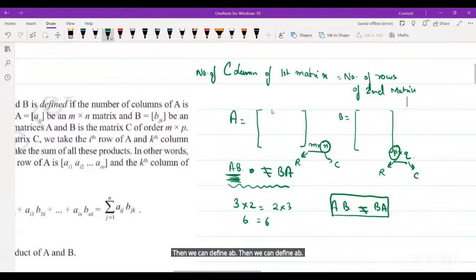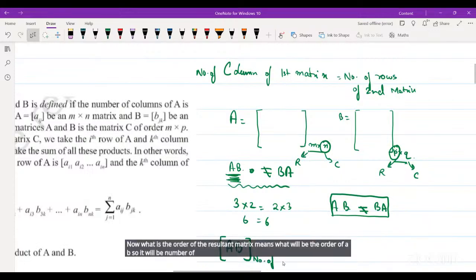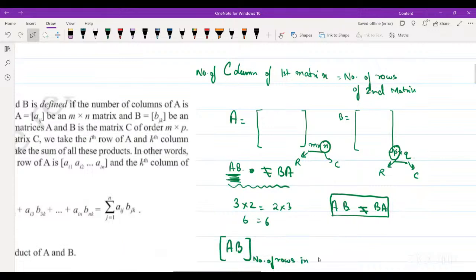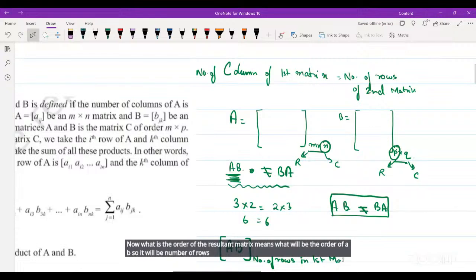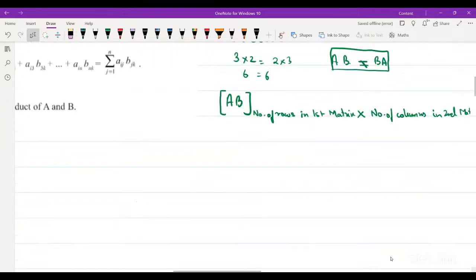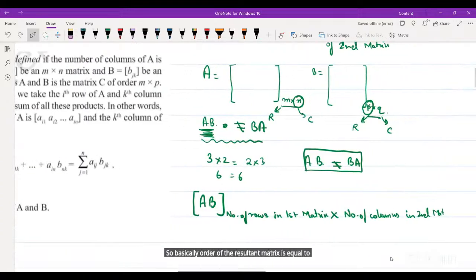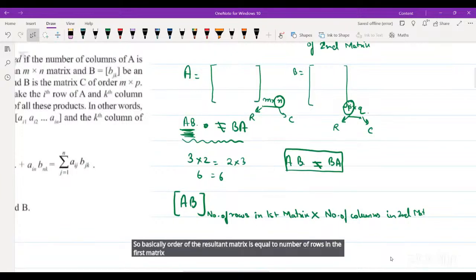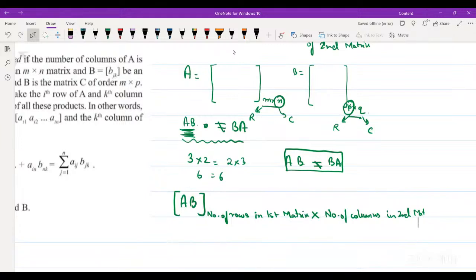Now, what is the order of the resultant matrix? Means what will be the order of AB? It will be number of rows by number of columns. So basically, the order of the resultant matrix is equal to the number of rows in the first matrix by the number of columns in the second matrix. Is that clear, people?